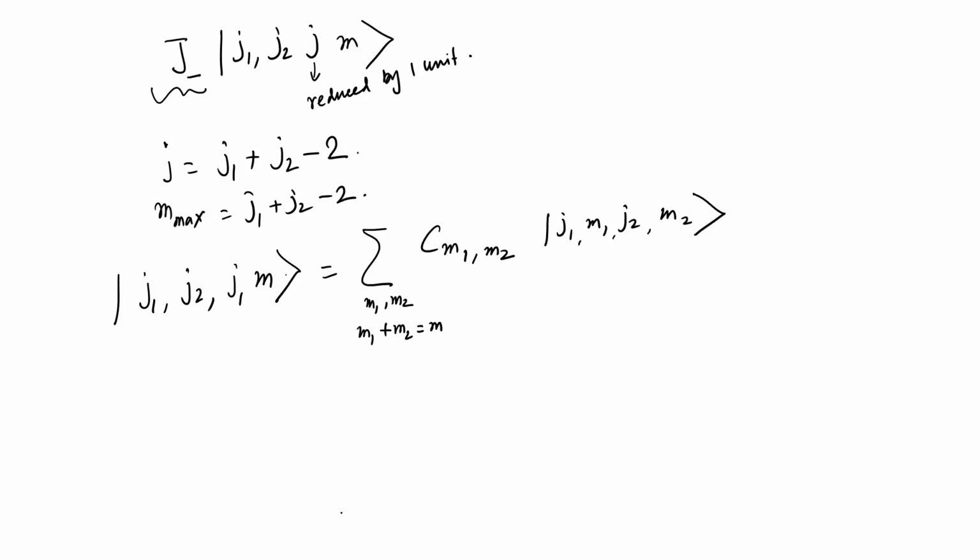So what does this C m1 m2 represent? What do these Clebsch-Gordan coefficients physically mean? Do they mean anything?